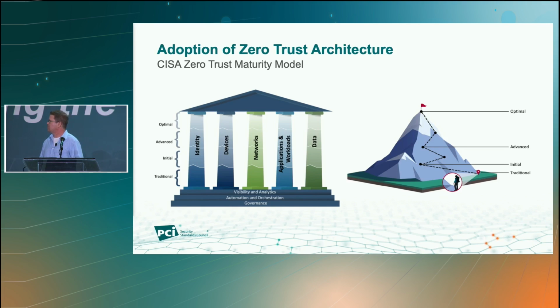So according to the CISA Zero Trust Maturity Model, zero trust is implemented across 5 distinct pillars. With identity, you have any attribute or set of attributes that uniquely identify a user or an entity. You have devices, which refer to any hardware device that can connect to a network.